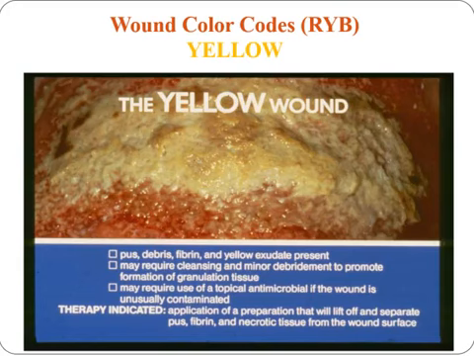So we want to promote formation of that good granulating tissue. So a lot of times we can apply some sort of antimicrobial to the wound that's going to help get rid of that yellow. So in this sort of wound, we want to make sure that we apply some sort of preparation that's going to help lift off and separate that yellow pus, fibrin, and necrotic tissue from the wound surface, because it's really not going to heal very well with that on there.